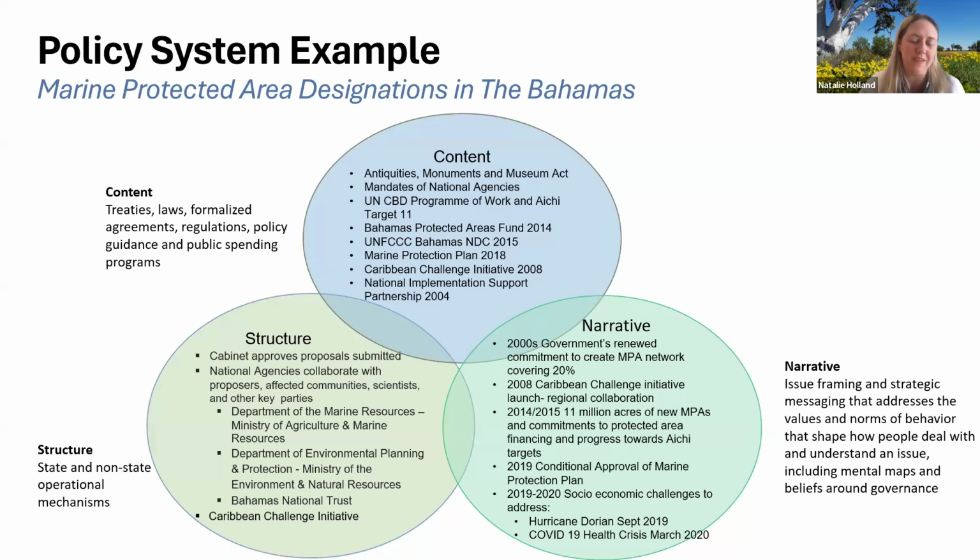But before it was able to be finalised, there were two major external events, Hurricane Dorian and then the COVID-19 pandemic, that really shifted the government focus. There was concern that the declaration of new marine protected areas would actually hurt rather than help the economic recovery focus of the government.